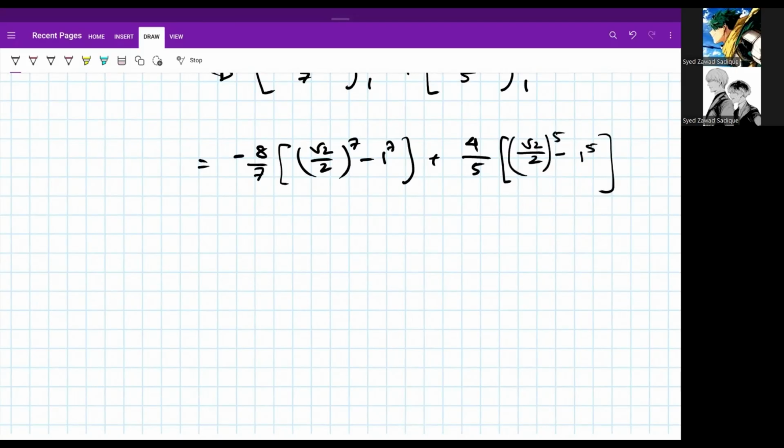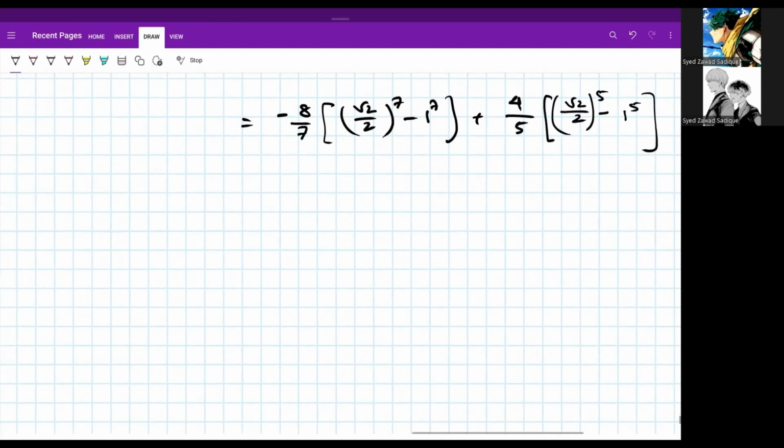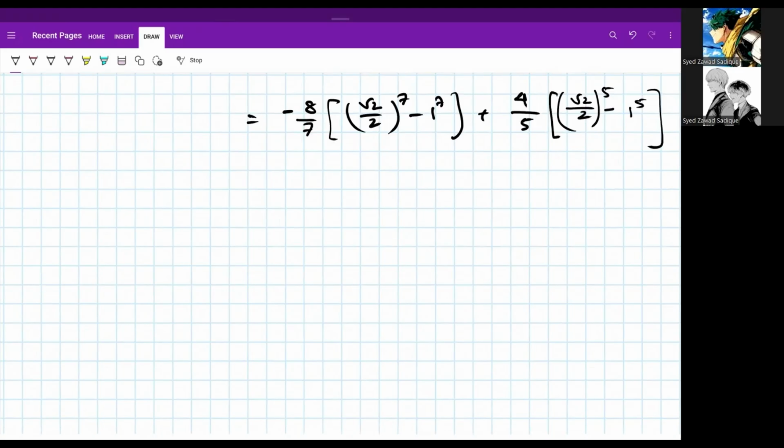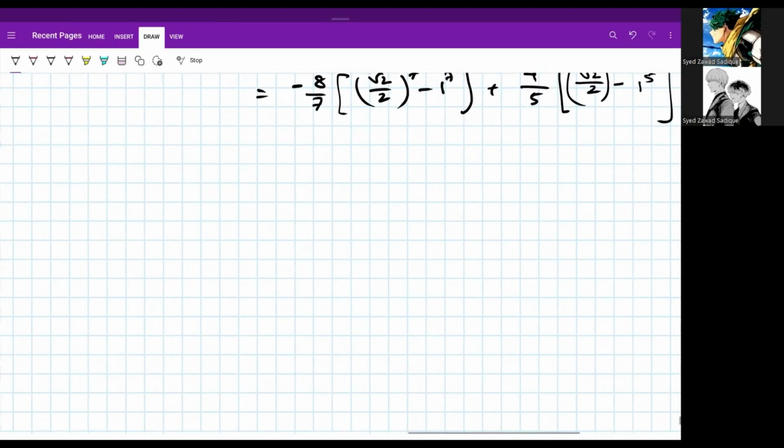Then we should multiply again. So minus 8 by 7.